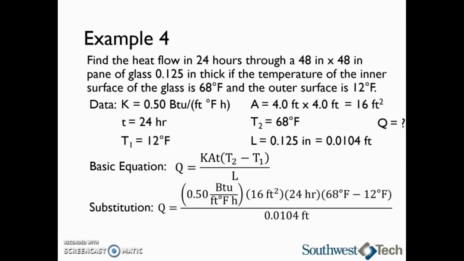Q equals 0.50 BTU per foot degree Fahrenheit hours times 16 square feet times 24 hours times the quantity 68 degrees Fahrenheit minus 12 degrees Fahrenheit, all divided by 0.0104 feet. If we enter this correctly into our calculators, we should get an answer of 1.0 times 10 to the 6th BTUs.